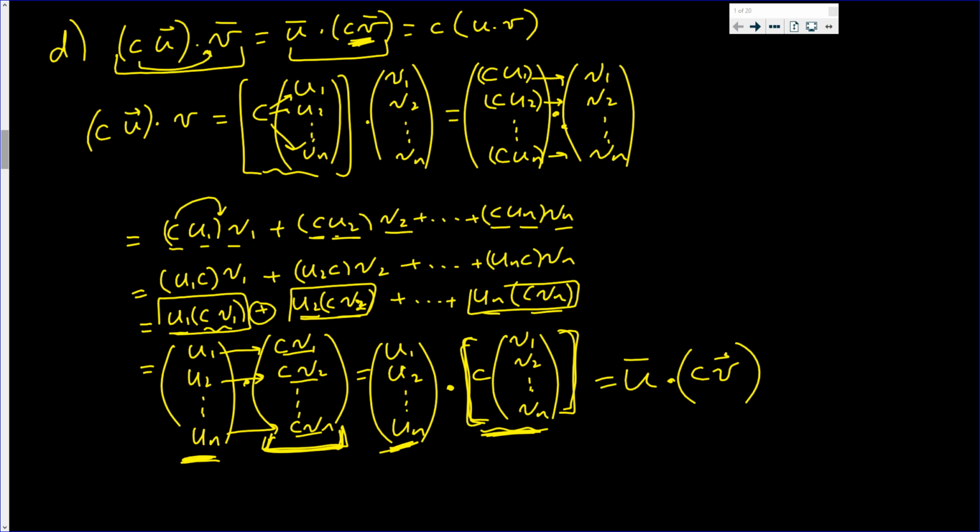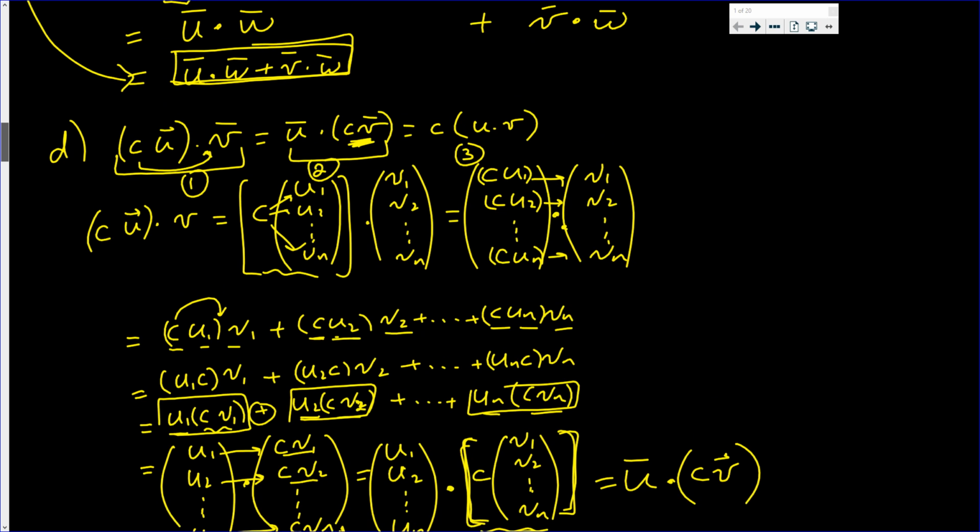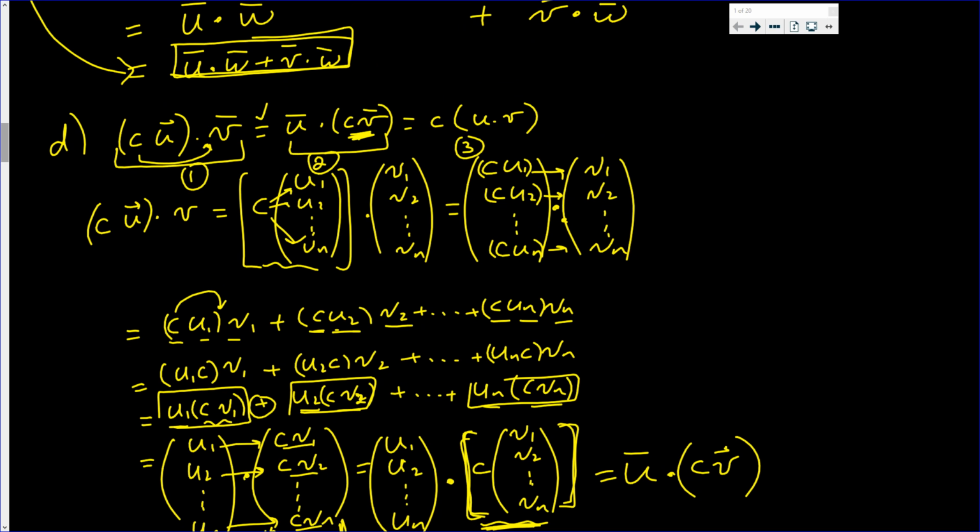So, if I call this expression 1, expression 2, and this expression 3, so now I know that this is valid. I just proved it. So I know that expression 1 equals expression 2.